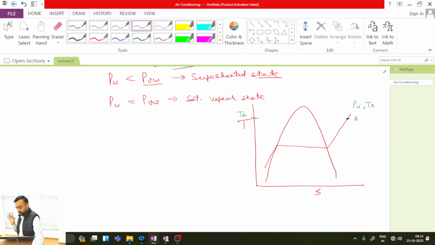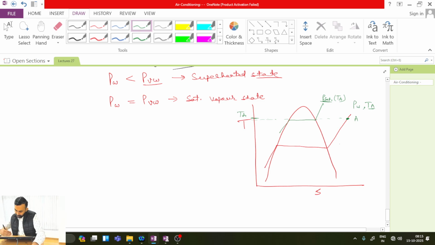Now can you tell me what will be the saturation pressure corresponding to TA? This is the TA temperature, so the pressure line passing through this will be the saturation pressure line at TA. Are all clear with this point or not? Because this horizontal line is representing TA. So any constant pressure line passing through TA in the liquid-vapor dome will represent its saturation pressure.